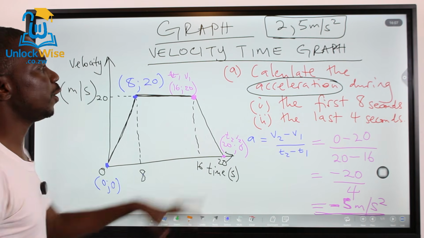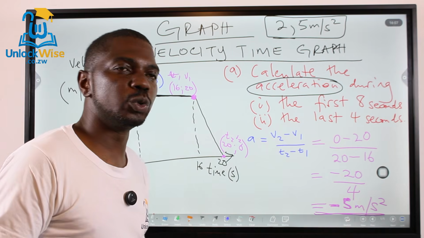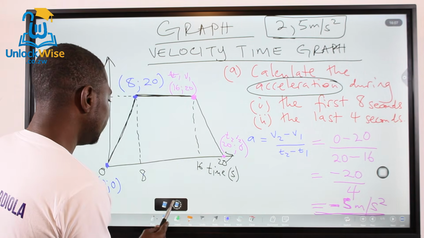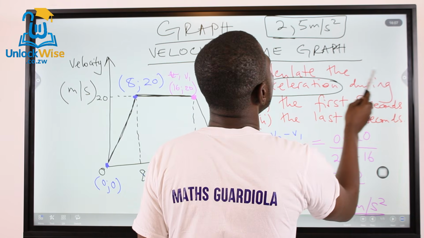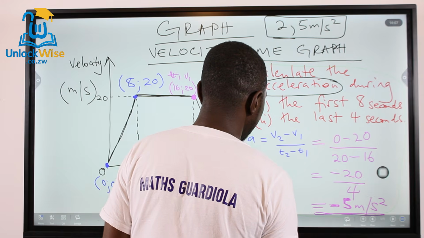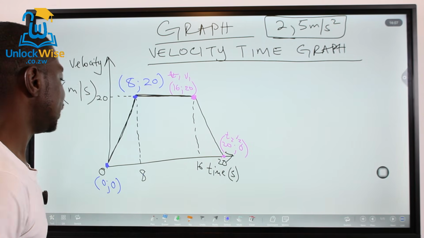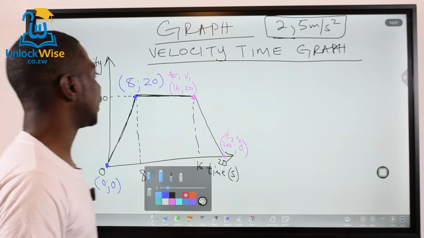Then, having done this, we will have to move on to the concept I mentioned, which is now to find distance traveled. Now, I said that distance traveled is area under the graph.